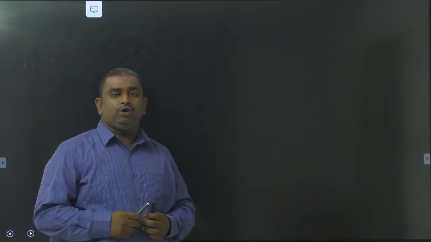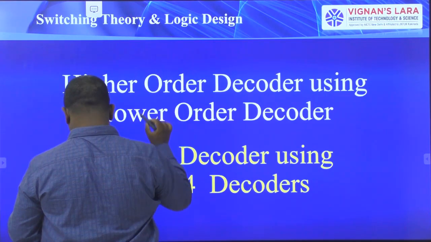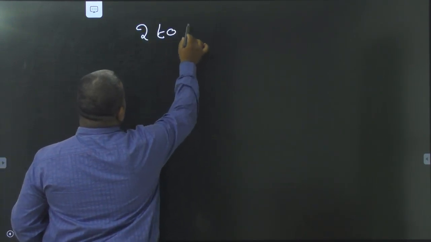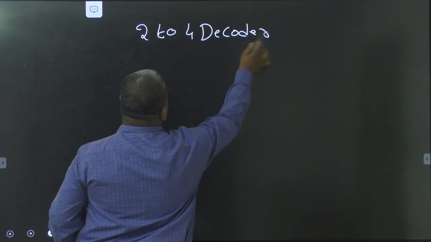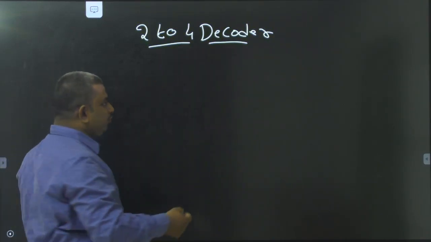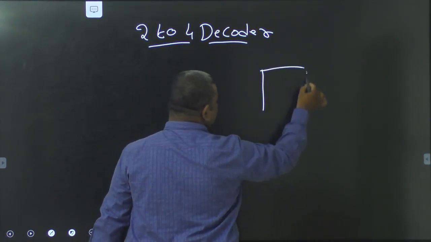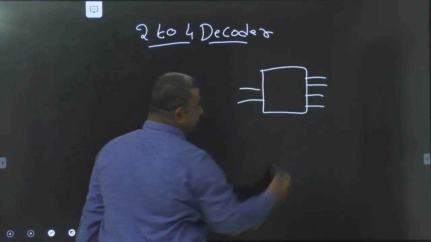review of decoders again. So see here. 2 to 4 decoder. So we will see once again the 2 to 4 decoder. The 2 to 4 decoder we are representing in this way.